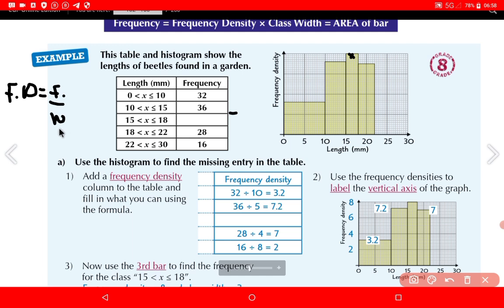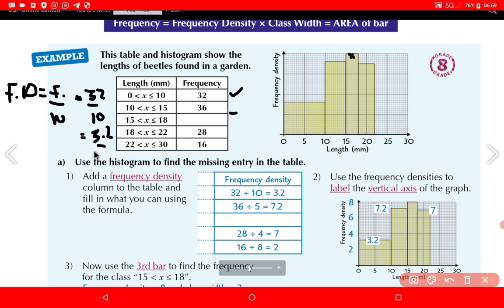Let's do an example using the first column. On the first column, you have a frequency of 32, the class width is from 0 to 10, so you just say 10, and this will give you 3.2. So this was the frequency density for the first one.